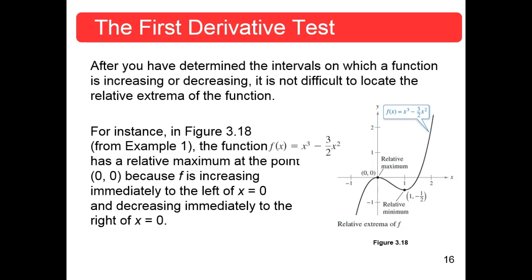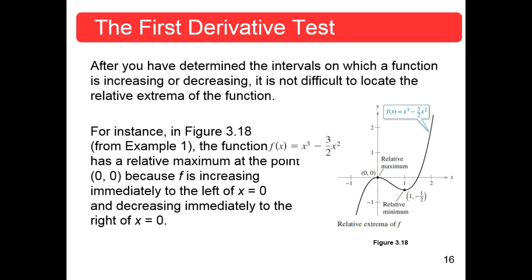Now, before we took a test value here and found the first derivative positive, this is exactly what we've done before, so let's move on. This is now talking about extrema.